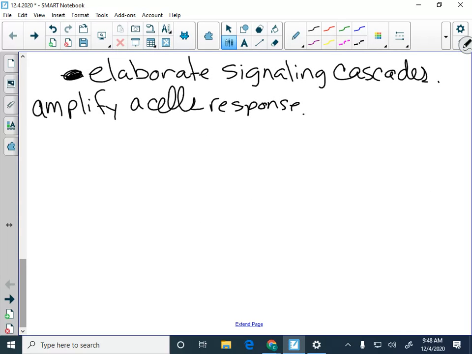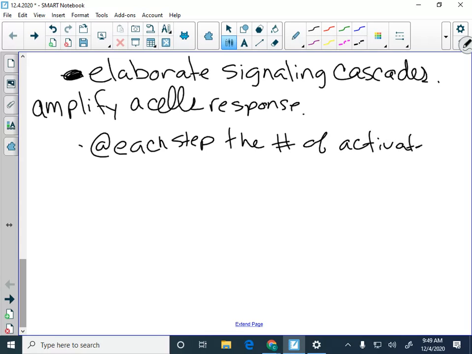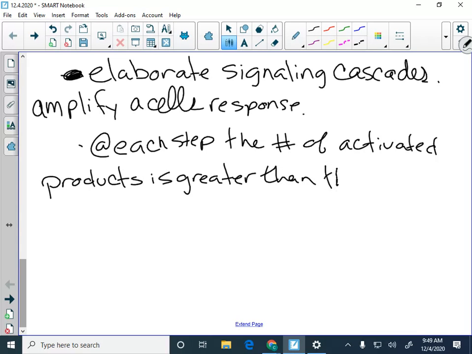So at each step, the number of activated products is greater than the preceding step.